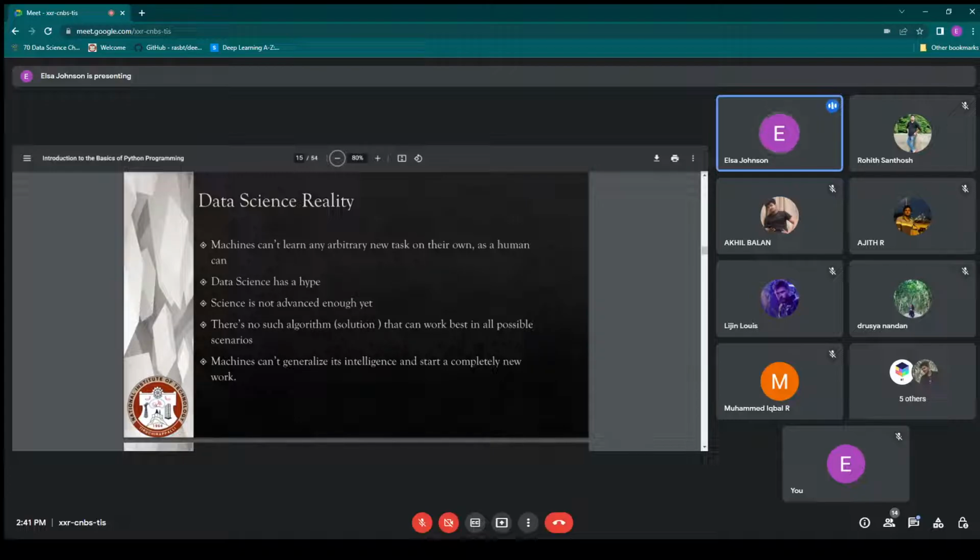But if you are making a machine for one thing, for example, for predicting, or, for example, the Amazon recommender system, it's an AI that uses some machine learning and deep learning models. Can it do some other thing like drive a car? No, right?